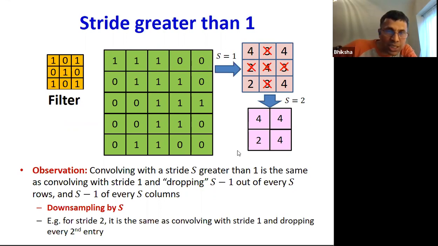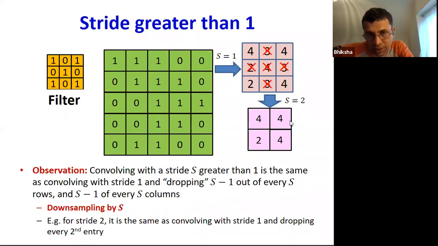But this is strictly the same as convolving with a stride of 1 and then dropping every second element. Does it make sense? Right? Or convolving with a stride of b is the same as convolving with a stride of 1 and dropping every bth element as you go forward, right?